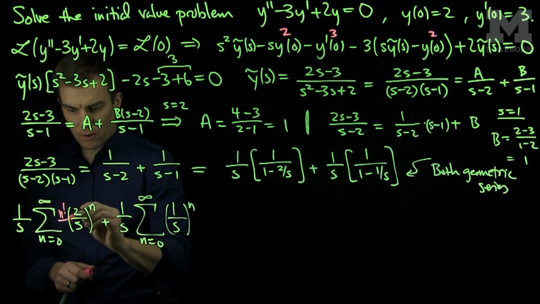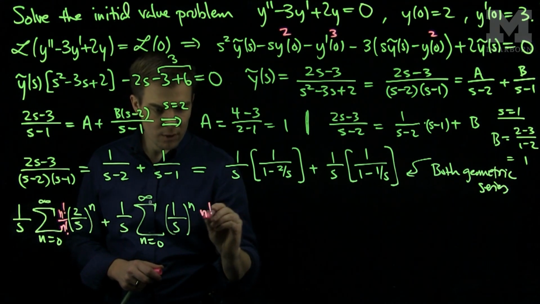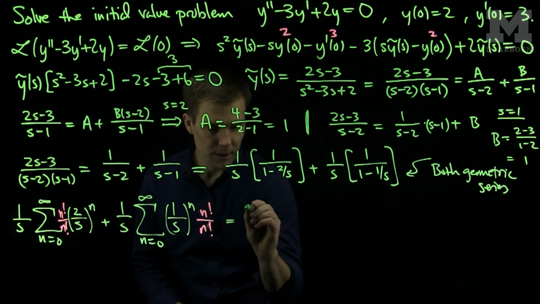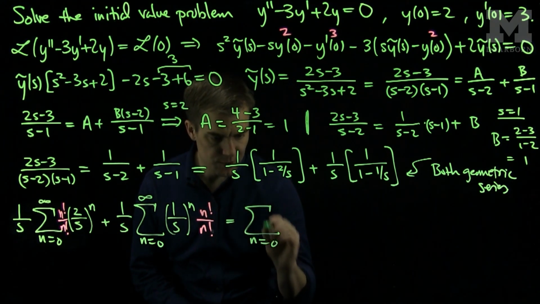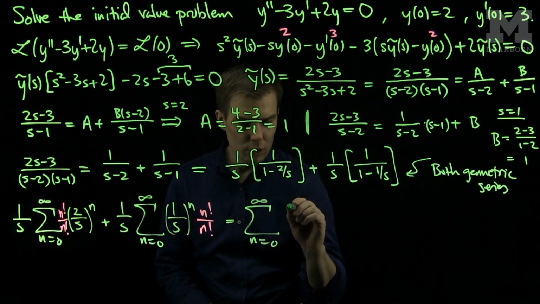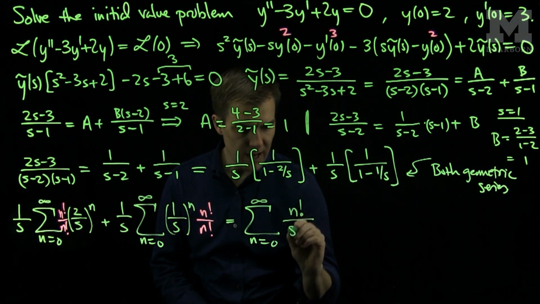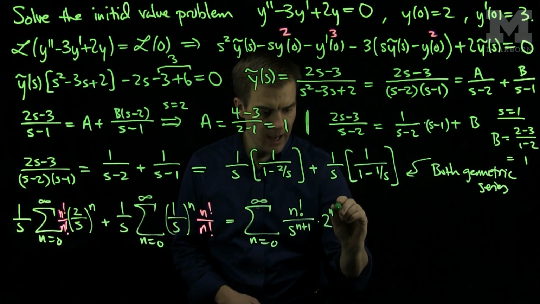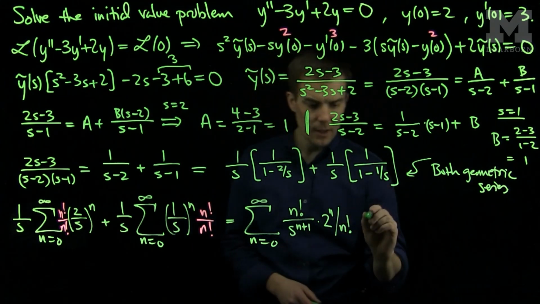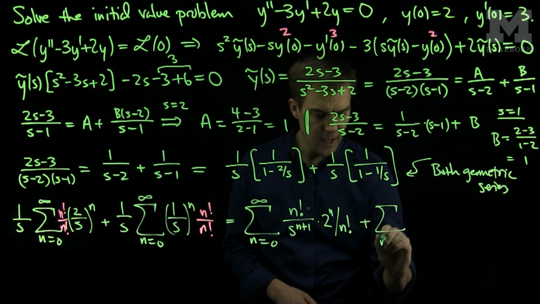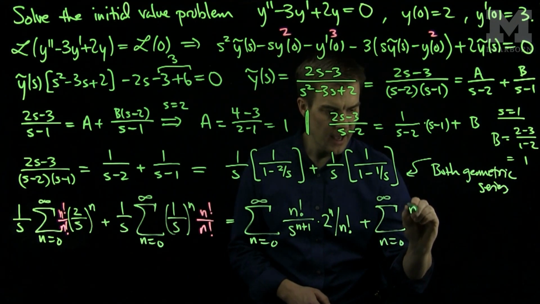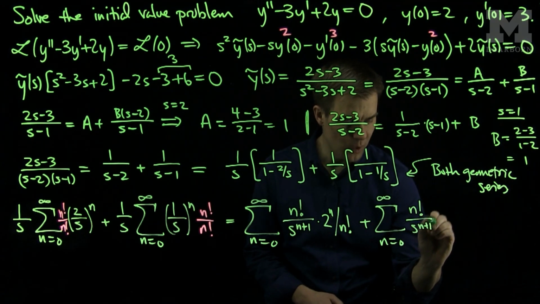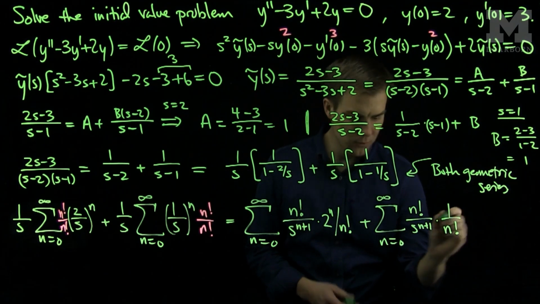If we do this, the first sum will become the sum n goes from 0 to infinity of n factorial over s to the n plus 1 times 2 to the power n over n factorial. The second series will be the sum, n goes from 0 to infinity, n factorial over s to the n plus 1 times 1 over n factorial.